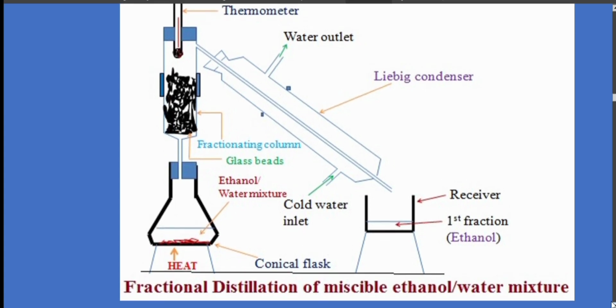Then the fractionating column is the one that is connected to the Liebig condenser. Remember, in the first case we just had the flask, and a glass tube connecting the flask with the Liebig condenser. So that's the setup for the fractionating column.